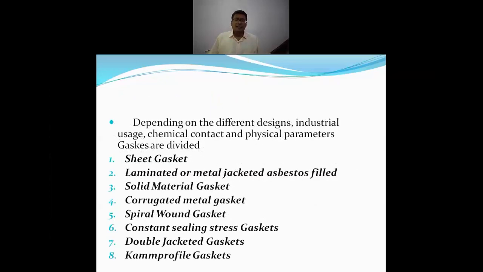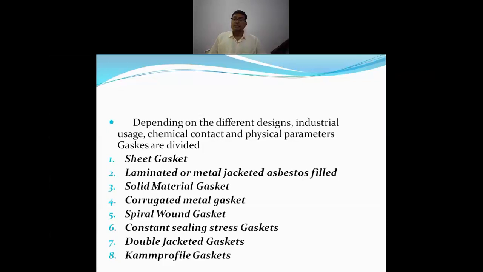Then another classification can be the sheet gasket, laminated or metal jacketed asbestos filled, then solid material gaskets, corrugated metal gaskets, spiral wound gaskets, constant sealing stress gaskets, double jacketed gaskets, cam profile gaskets. This can be also another.